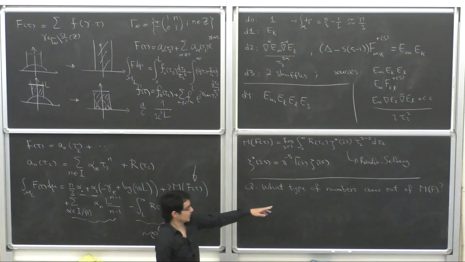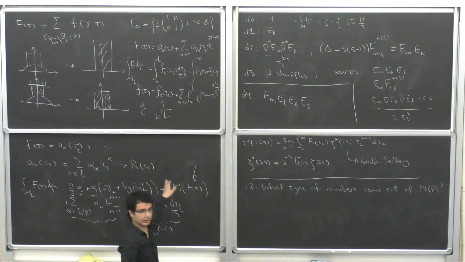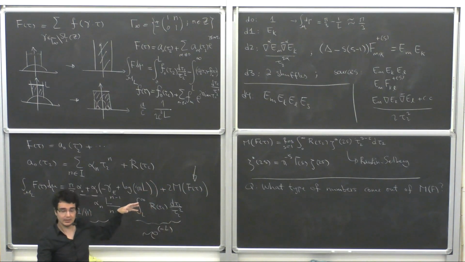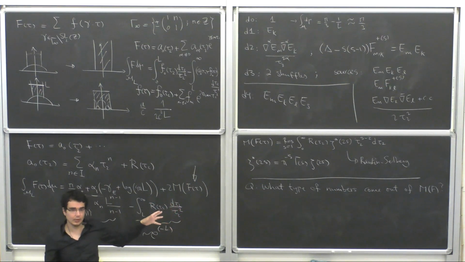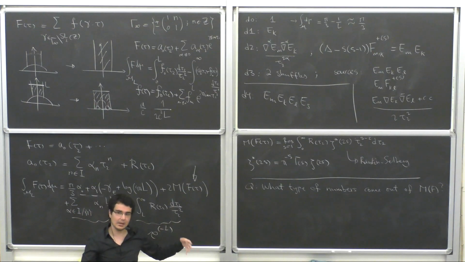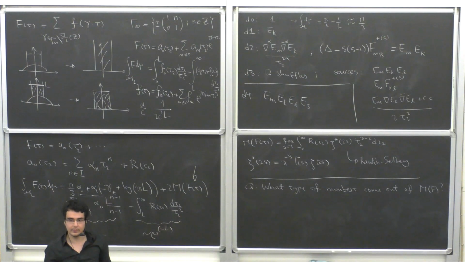These f's more specifically are some iterated integrals of Eisenstein series. So it's good to know the space of all the numbers that come out of the Rankin-Selberg L function of the iterated integrals of Eisenstein series.